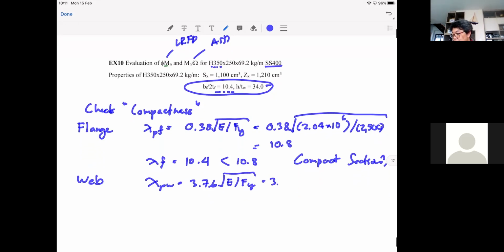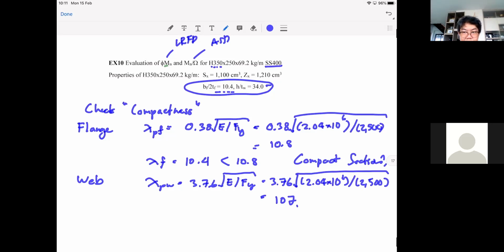So that's 3.76 square root of 2.04 multiplied by a million divided by Fy, which is 2500. There you have it. 107.